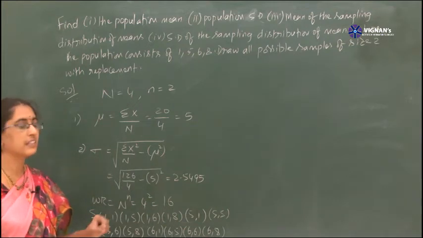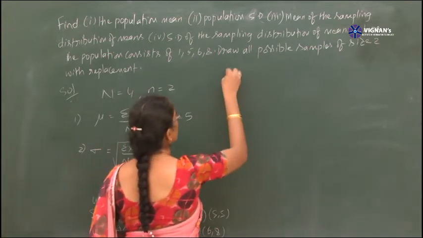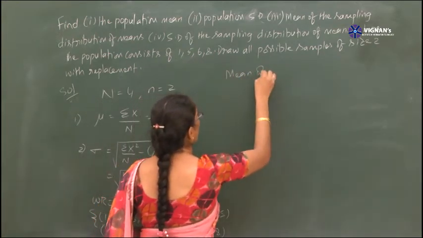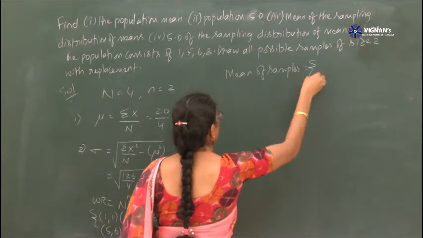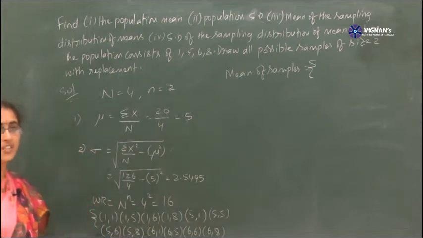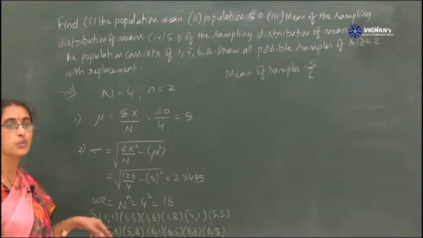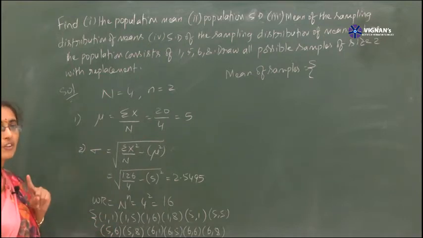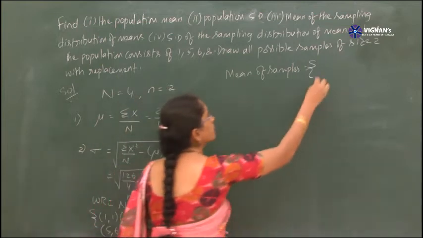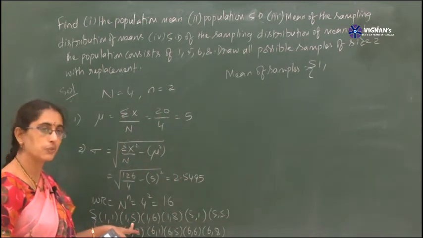Now we have to find the means of these samples, that is, the sum of all observations by the number of observations. 1 plus 1 is 2, 2 by 2 is 1. Next 1 plus 5, 6, 6 by 2 is 3.